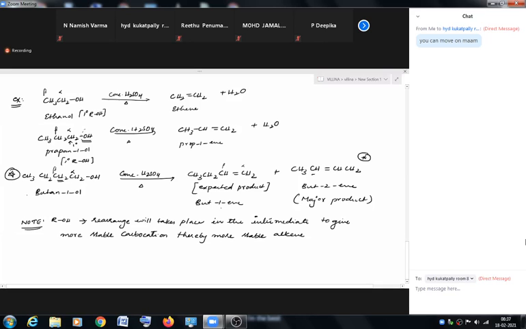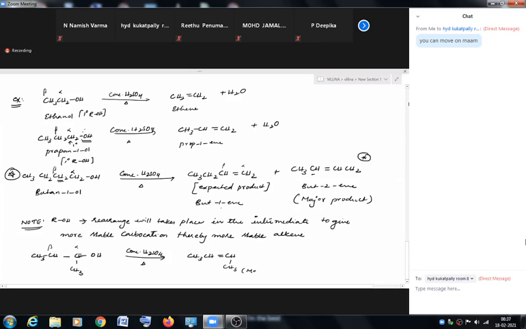We even have secondary alcohols also, CH3CHOHCH2CH3. As usual, this is our alpha carbon, beta carbon, and same concentrated H2SO4 while heating. Here the expected product will be CH3CH=CHCH3. This will be our major product.